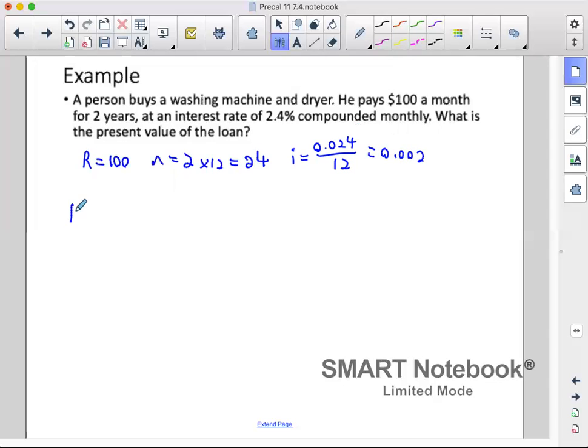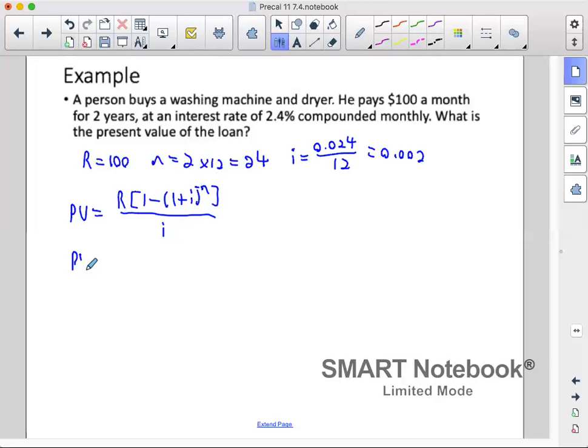So our present value formula is PV is equal to R times 1 minus 1 plus I to the power of N, to negative N, I should say, divided by our interest.